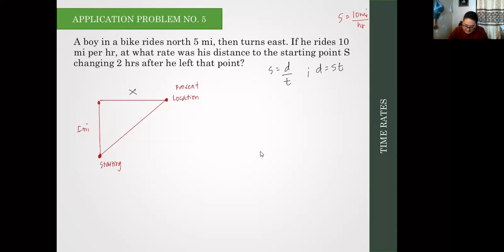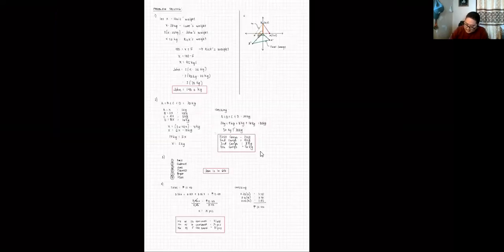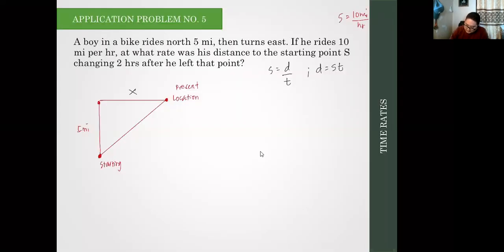So, kailangan check natin. Yung 5 miles, para makarating siya dito sa point na to, ano yung time bago siya makarating doon sa point na yun? Okay? So, that is, yung distance natin na 5 miles. So, distance equals to speed times time. Kailangan natin si time. So, distance over speed.